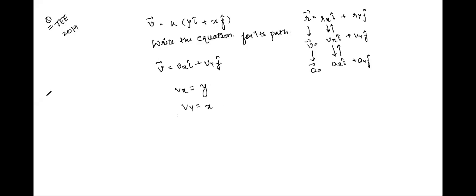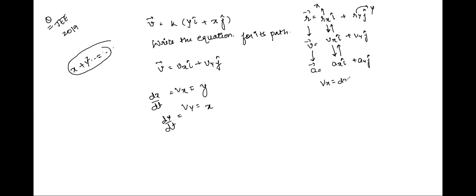You need something in terms of x, y square plus cube is equal to something, this type of form. So let's see, what do we know by Vx? We know that Vx is dx by dt, and Vy is dy by dt. From here, this could be written as y, this could be written as x.